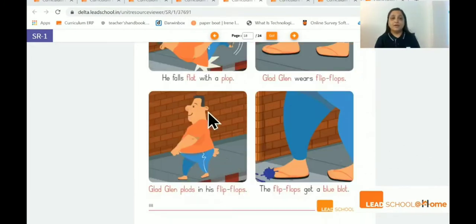Now look at this picture. What's happening here? Yes, Glad Glen is walking in his flip-flops. Let's read this sentence. Read. Glad, Glen, plods. And which word is this?